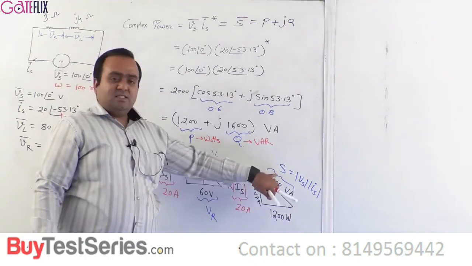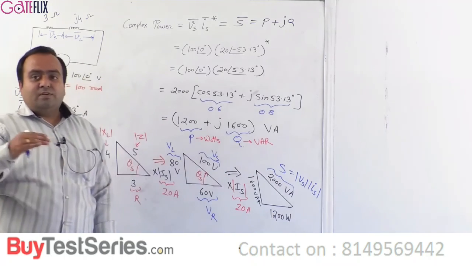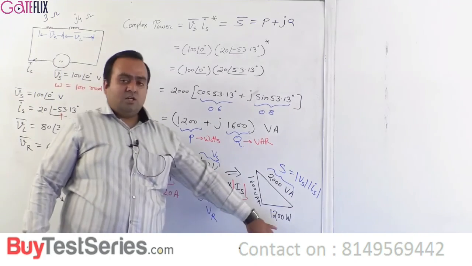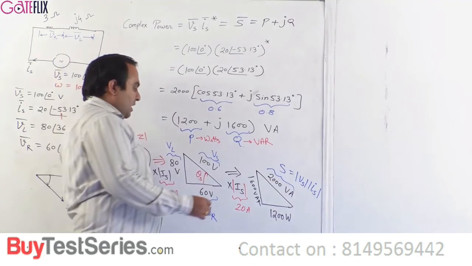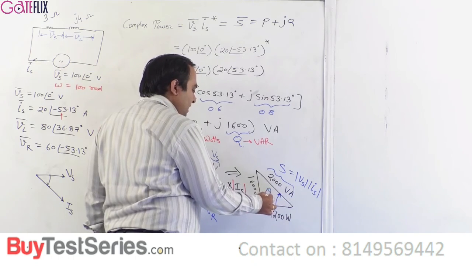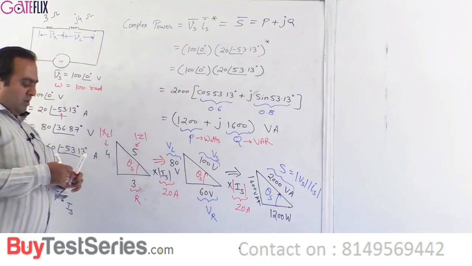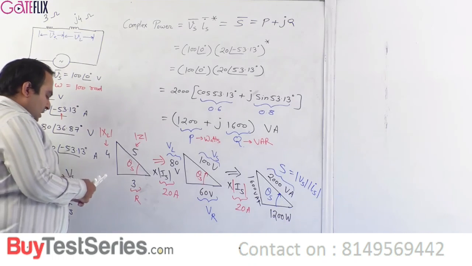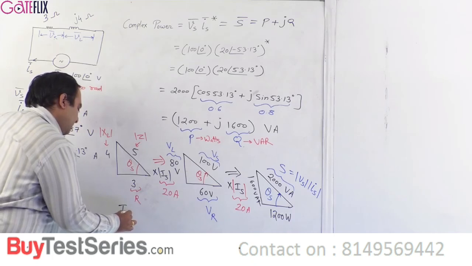Dimensionally these three powers are the same. They are simply voltage multiplied by current, but just to differentiate, we express one in watts, another in VAR, and the resultant in volt amperes. Again, this angle does not change because this is theta S. Is this okay? So we call this the impedance angle.